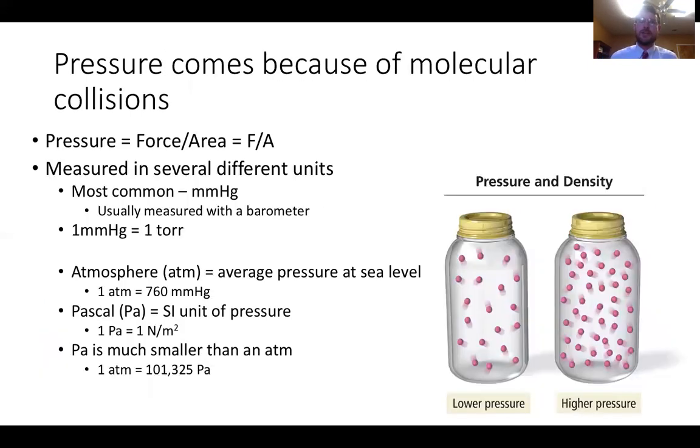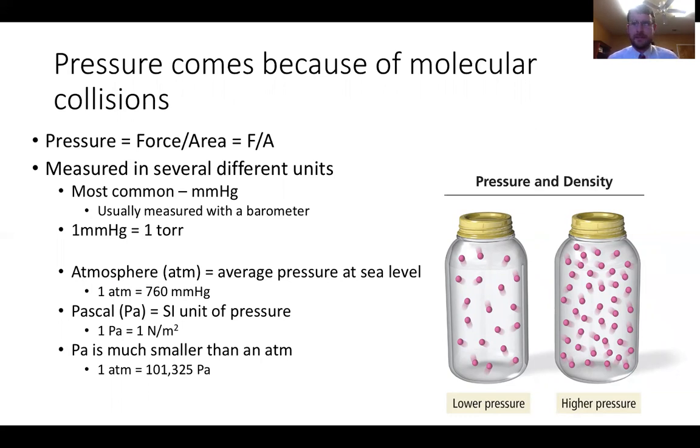Pressure comes from molecular collisions. As we said, it's the force divided by the area. And because there's a number of gas particles in a given volume, the more the altitude increases, usually the more the pressure decreases. And we measure pressure in a variety of different ways.